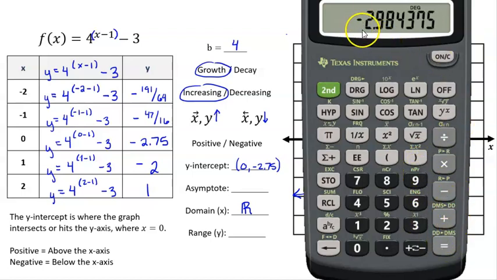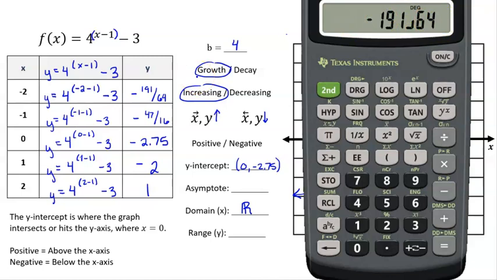And so I get -2.984. And then to get that back into a fraction, I do second f to d. Now this means -2 and 63/64, so that's a mixed number. I can hit second ABC, and then it gives me this nice improper fraction. So that's how I got this number here.